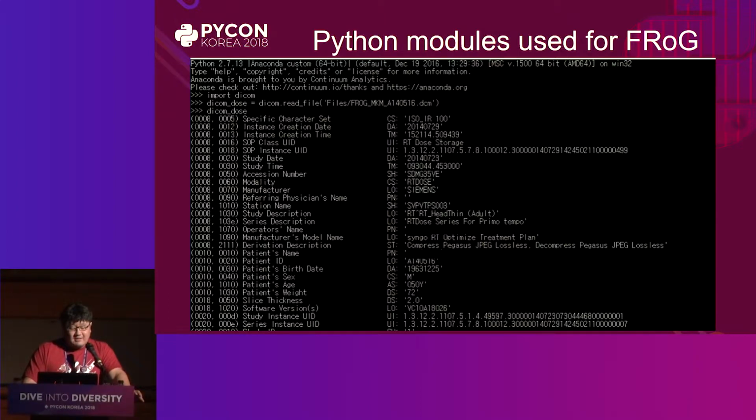Also, we have the patient name here, which is already anonymous, the operator's name, where the clinician's name exists, and also the study instance, which tells you the date and other information together. So if you want to treat any medical information, you need to understand how PyDICOM works.